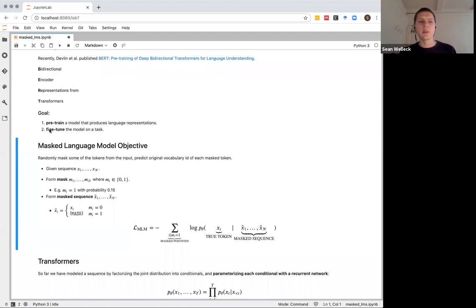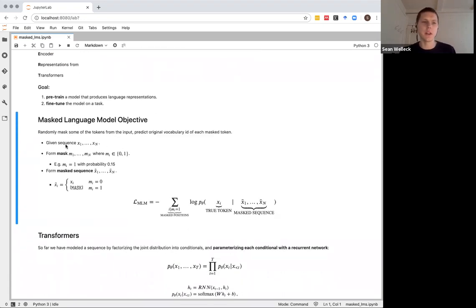And then step 2 is going to be, we'll fine-tune that model on some downstream task, like, for instance, question answering, summarization. There's a whole suite of tasks that were actually mentioned earlier. There's these GLUE tasks and SuperGLUE tasks. So you can get creative with the different tasks that you use this model for after this pre-training phase.